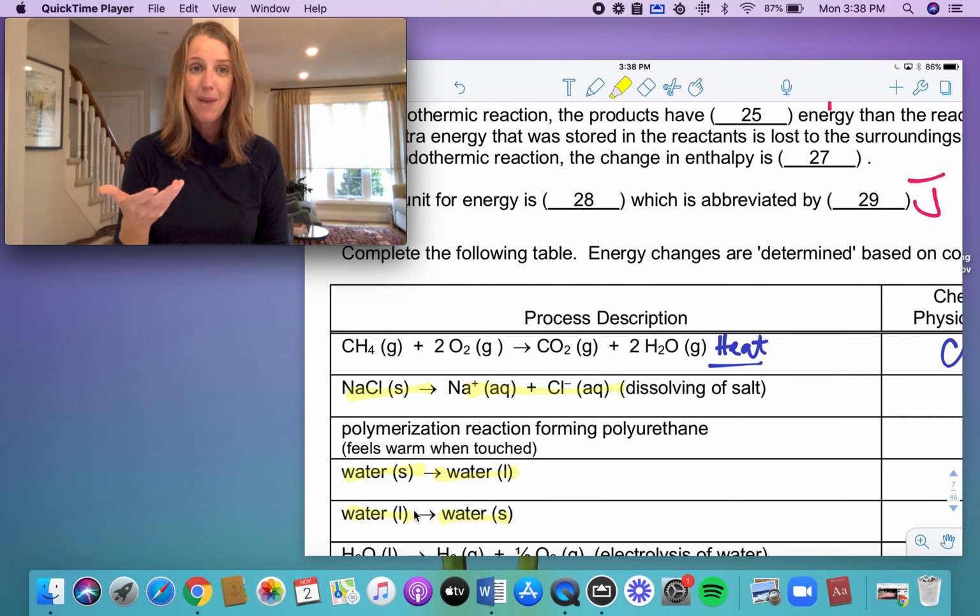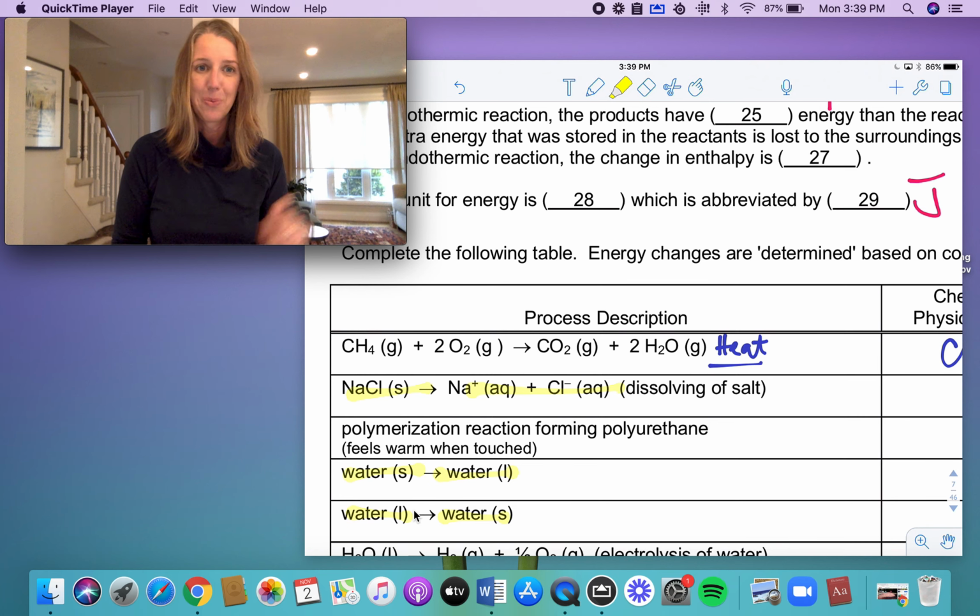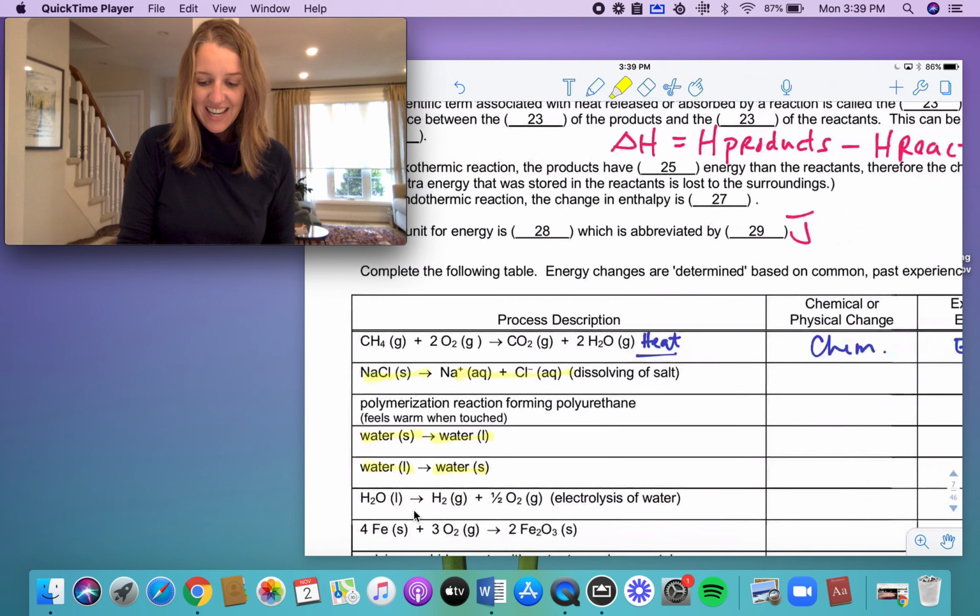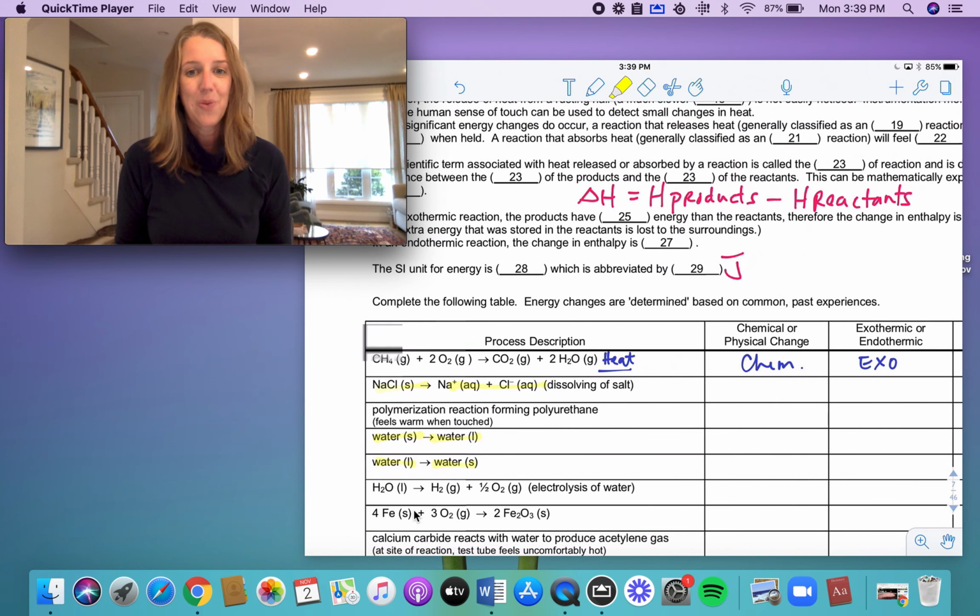You're going to have to remember that. Dissolving a salt is endothermic, unless it doesn't follow the rules, and there's only a couple we're going to memorize for that. So you know that that is an endothermic reaction, and if it's an endothermic reaction, then the heat would be on the reactant side, and it would have a positive delta H.